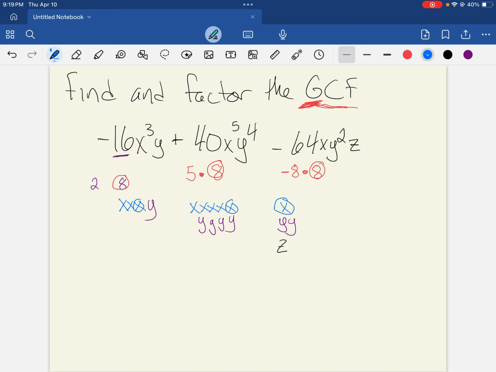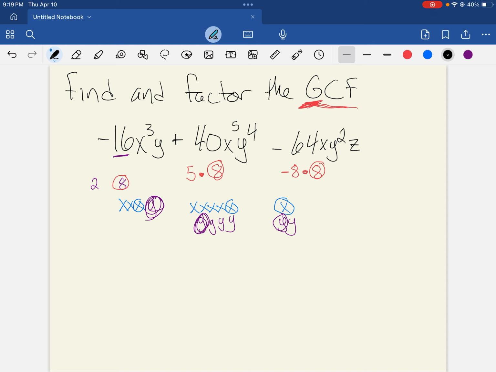Okay, and then I'm going to hop over. I'm going to look at my y's. Okay, I have 1 y here. I have 1 y here. And I have 1 y here. And then finally, when I go to look at my z's, I don't have z's everywhere. So this is not going to be a GCF.